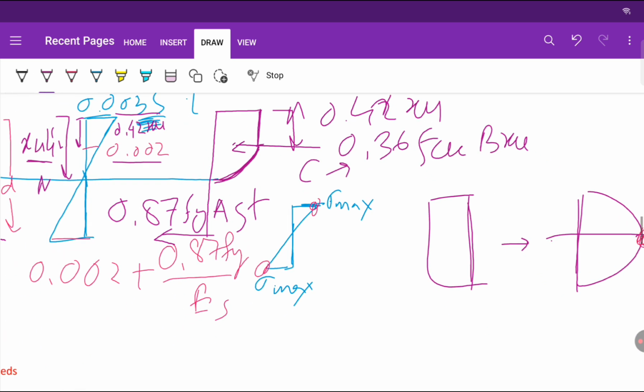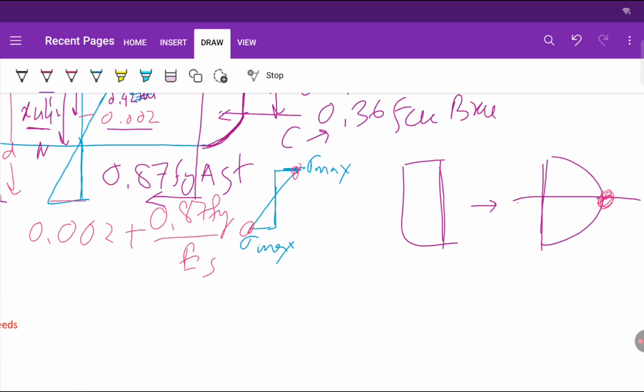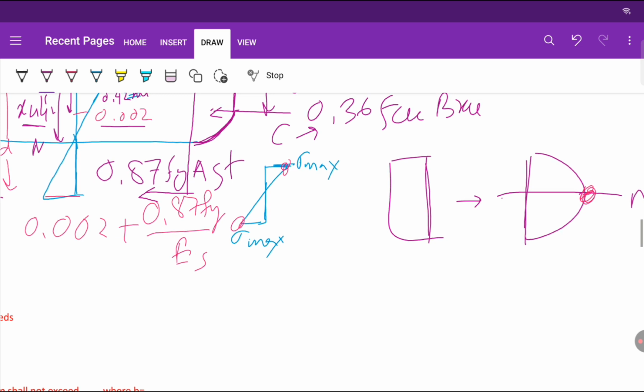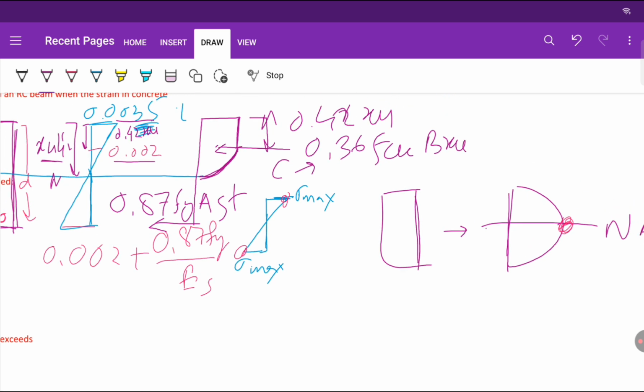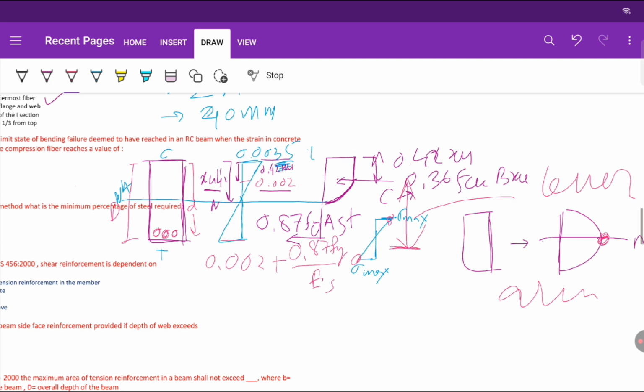Okay, now the distance between the compression force and the tension force is called the lever arm, right?